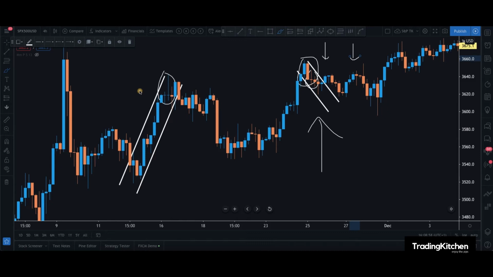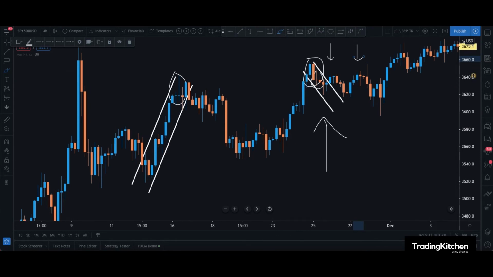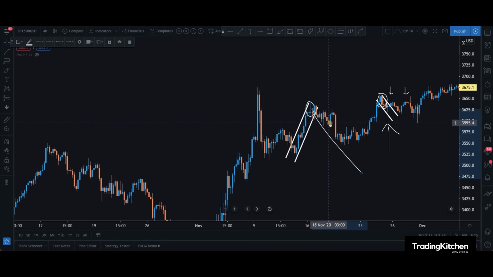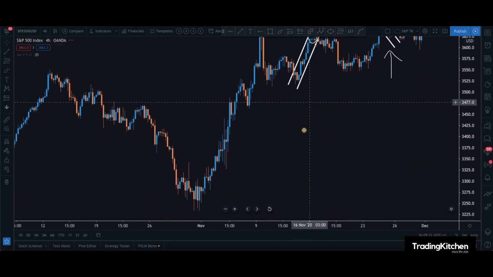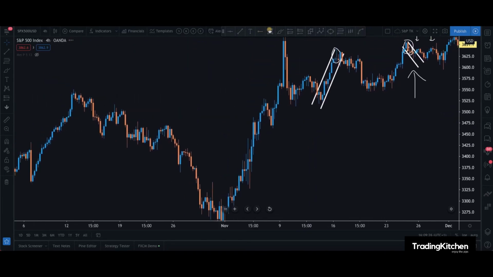Okay, in fact, most of the times you can find the Doji in the structure zone. Okay, let me show you an example, or at the beginning of an impulse. Okay, let me show you here, for example.